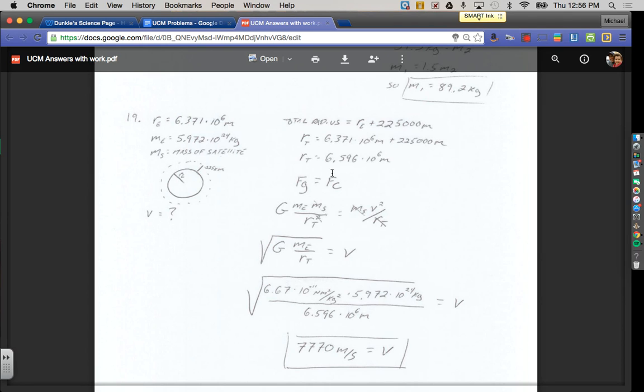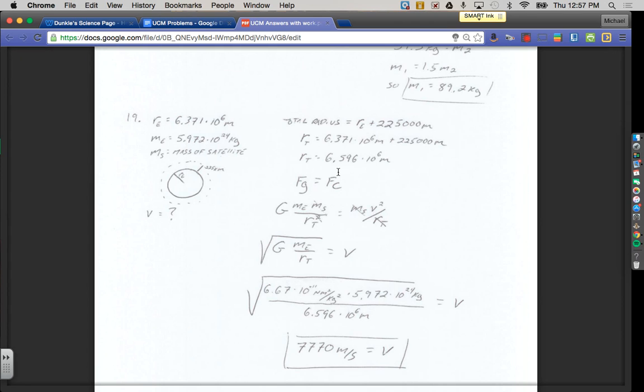Now, on your equation sheet, we have an equation for velocity for things that are orbiting. I just want to show you where it comes from. Gravity is the force that holds this satellite in orbit around the Earth. Gravity is given by Newton's law of universal gravitation: big G, mass of the Earth, mass of the satellite, over that distance between them squared. And for centripetal force, I'm going to use mv squared over r because I want the v.